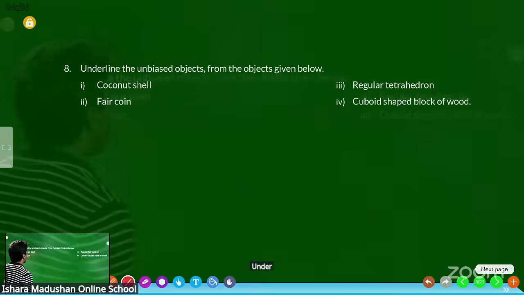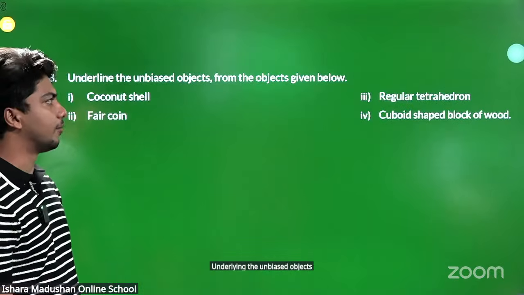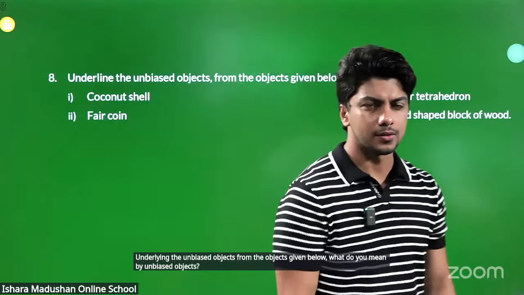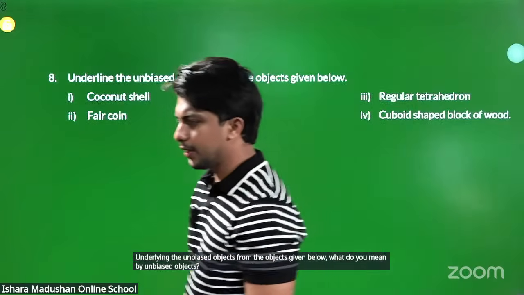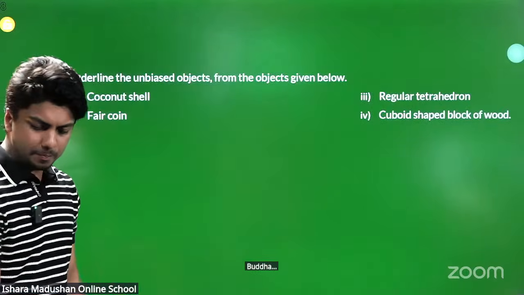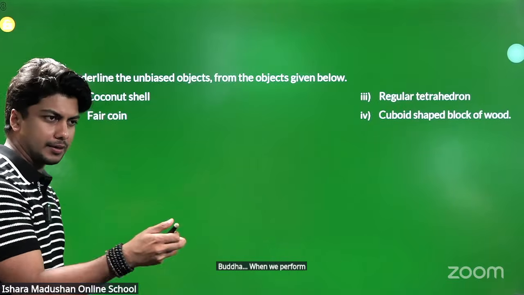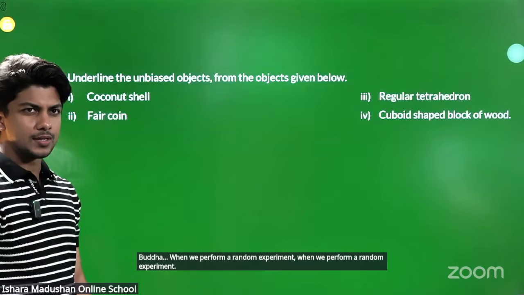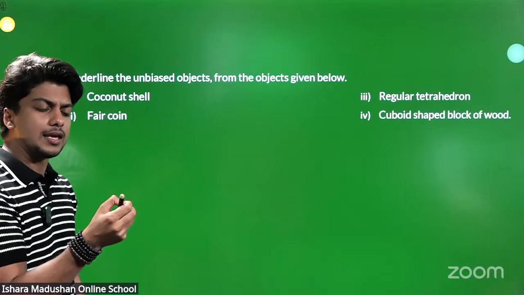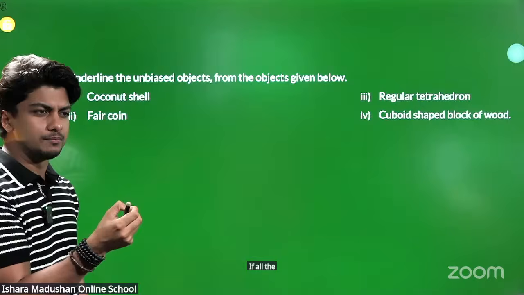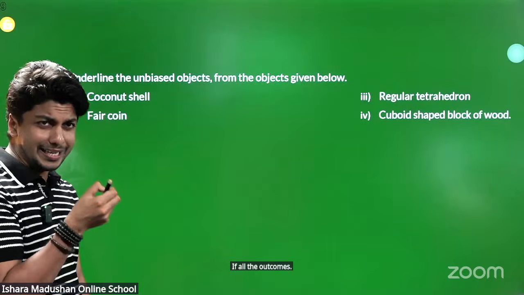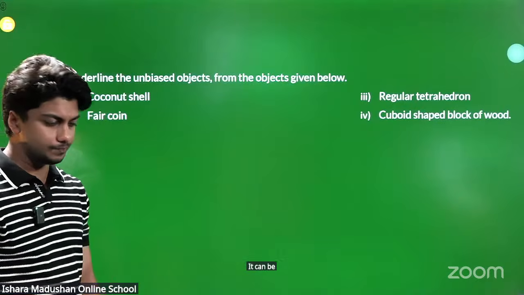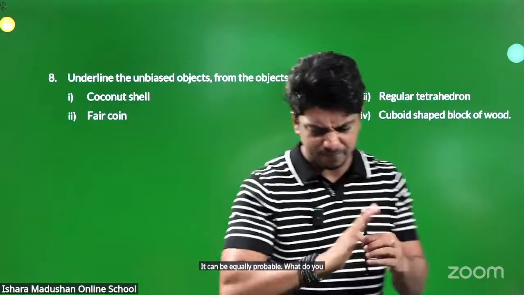Underline the unbiased objects from the objects given below. Puta, what do you mean by unbiased objects? Puta, when we perform a random experiment, if all the outcomes are equally likely, equally probable. What do you mean by that, Puta?